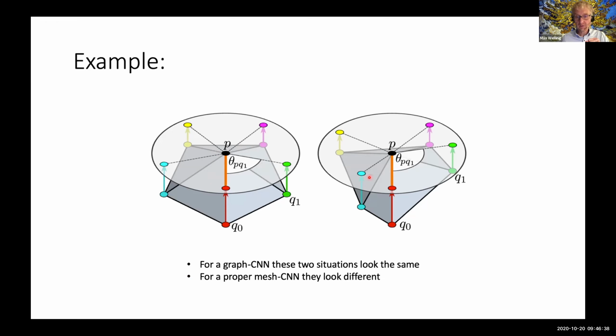So in other words, we want these two convolutions to really be different, because for a graph, this is exactly the same graph, but for a geometric object, this angle is bigger than this angle, and so I want the outcome of a convolution where these neighbors send information to the central node to be different for this geometry than for this geometry. And so the question is, how do we do that and stay close to a graph neural net?